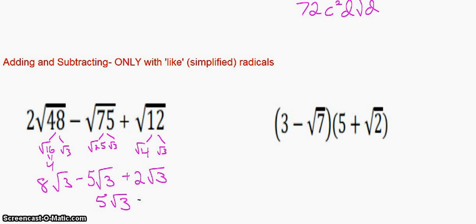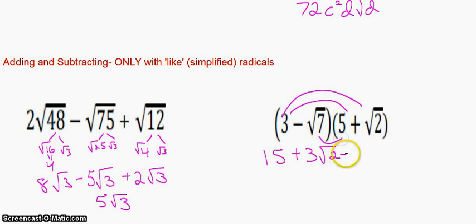Now the next one's kind of an example of multiplying and simplifying with adding and subtracting. So just FOIL. Notice numbers on the outside do not multiply with numbers on the inside, so that got us the 3 root 2.